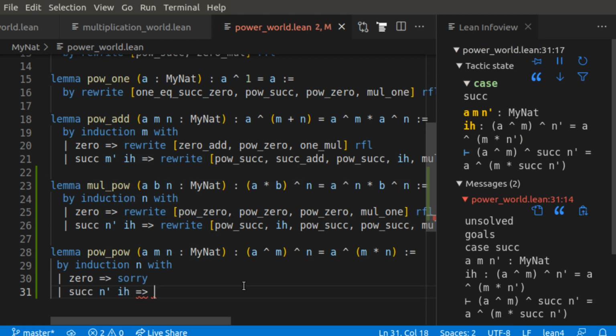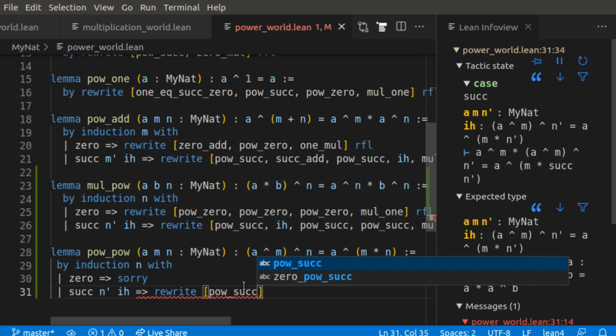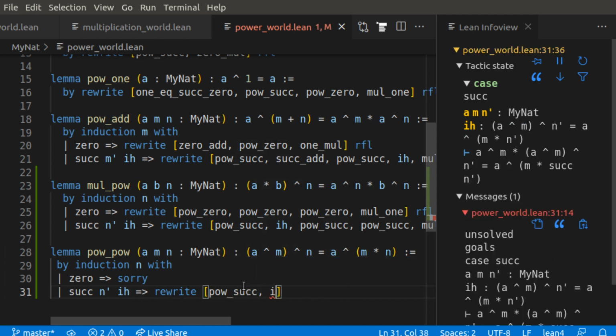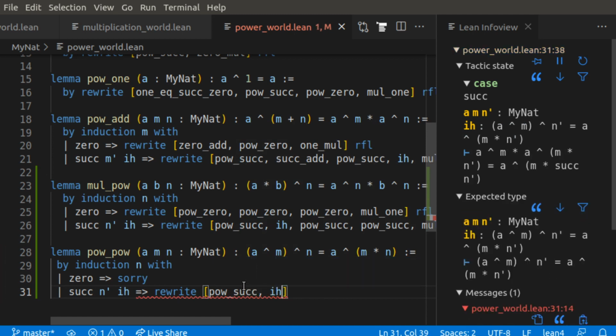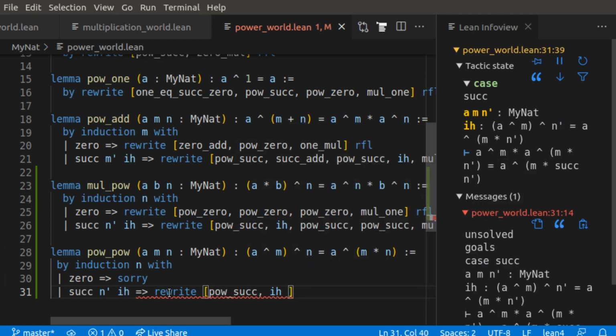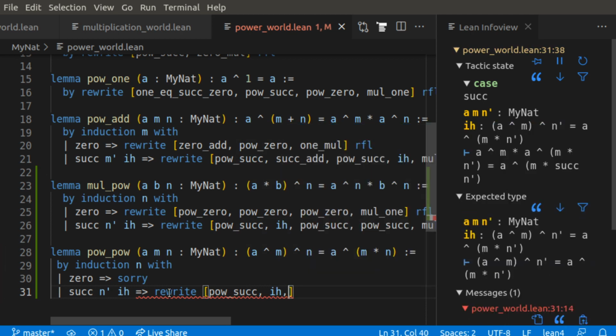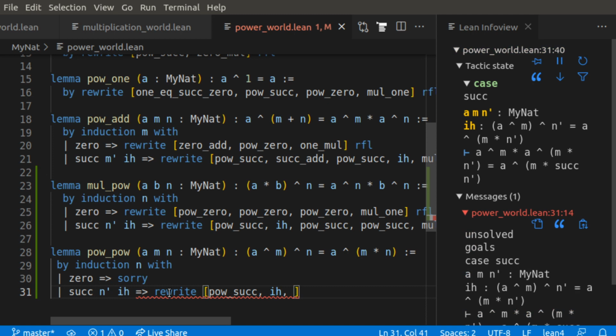Okay, what are we dealing with here? We have A to the power of M to the power of successor N. Well, we can apply pow successor and our inductive hypothesis, and that gets us, what does that get us? A to the power of M times A to the power of M times N prime.